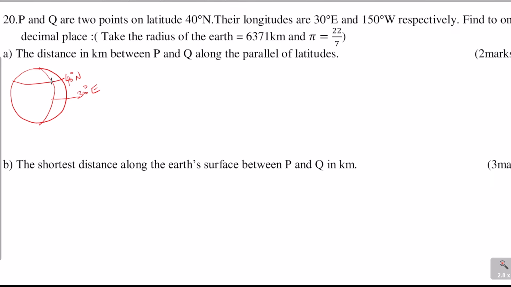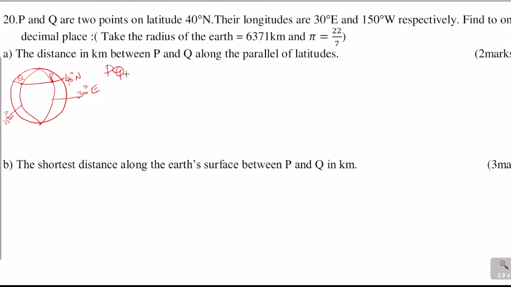So that is where we have P, and then Q is 150 degrees west. Remember, this is just a sketch. So this is where we have Q. So this is the distance that you require to get along the parallel of latitude, and you're supposed to get that distance in kilometers. So how do you get this distance along the small circle in kilometers?